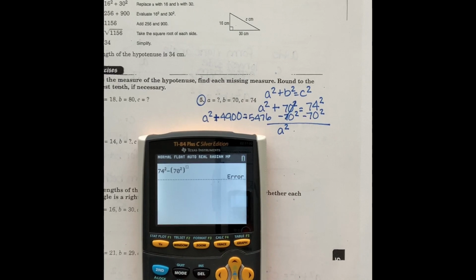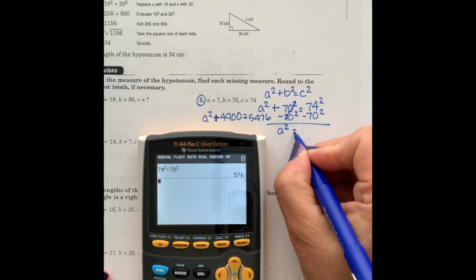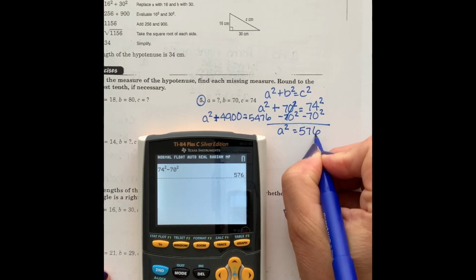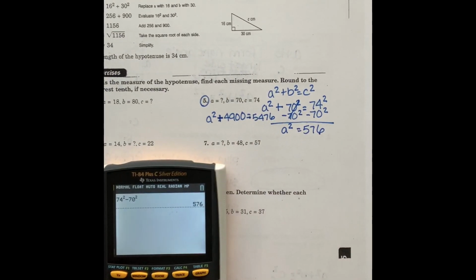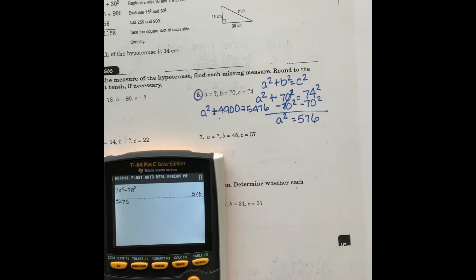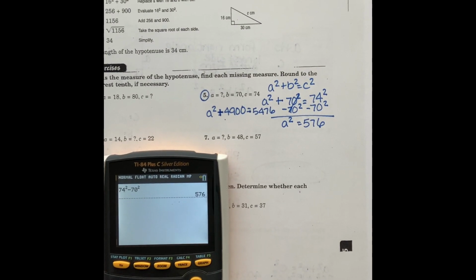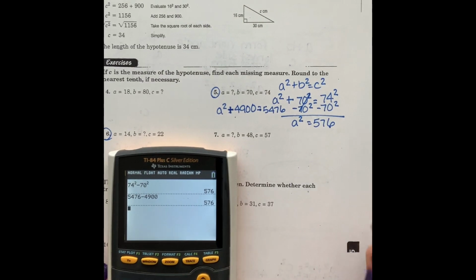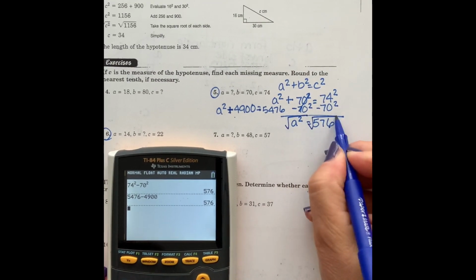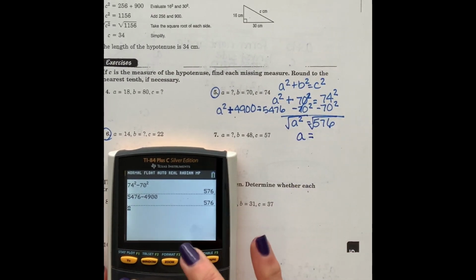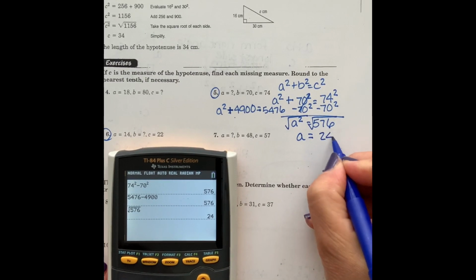Oh, sorry. 74 squared minus 70 squared, I should just start it over, gives me 576. If I subtracted this, the 5,476 minus 4,900, guess what I got? The exact same thing. So I'm going to square root to undo it. So if I square root 576, I come up with 24.